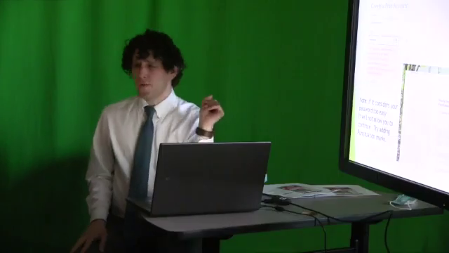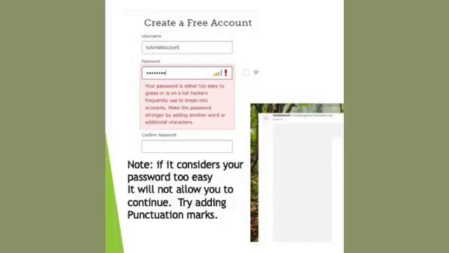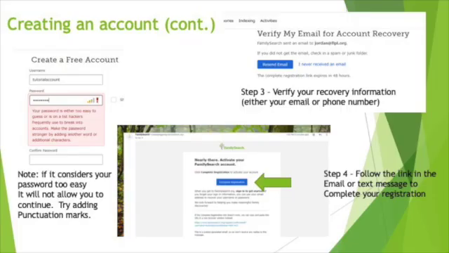One thing to note here, if it considers your password too weak, it won't let you continue. Usually the way to get around this is to add some punctuation, like an exclamation mark or a question mark. That'll usually do it if the first thing that you put in is not complex enough for its liking. Then it will want you to verify your account.